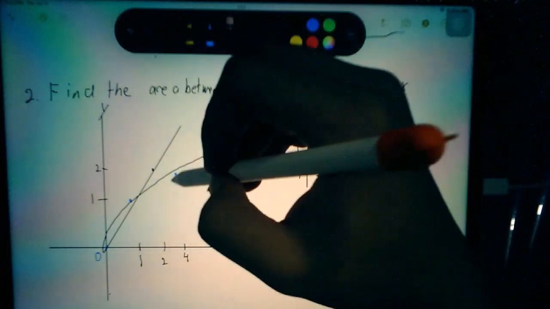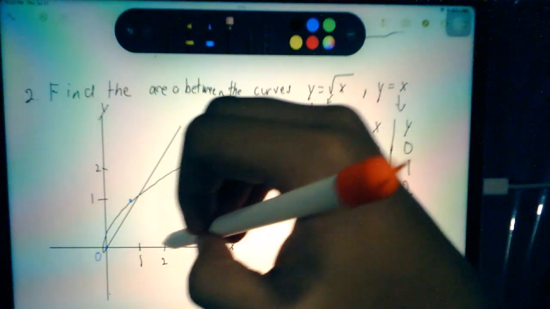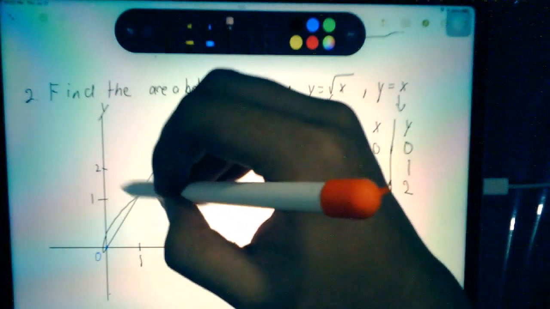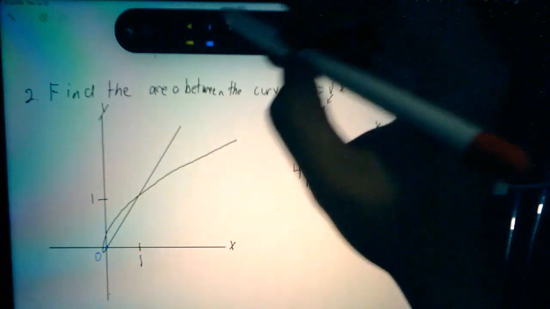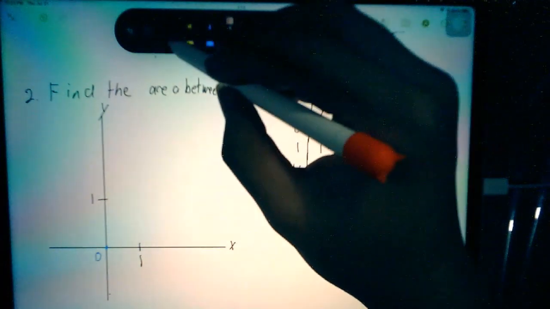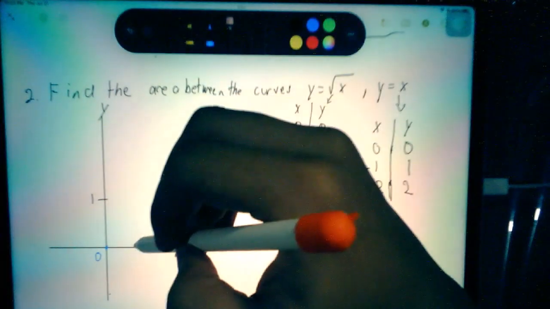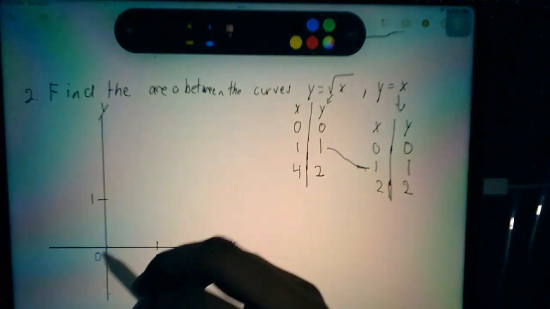So never mind these points here, this 4 and 2. Let's just focus on the points of intersection. But first, let me rewrite this. Erase this. Let's make it bigger. So 1.